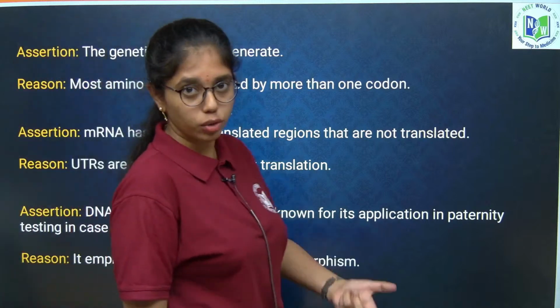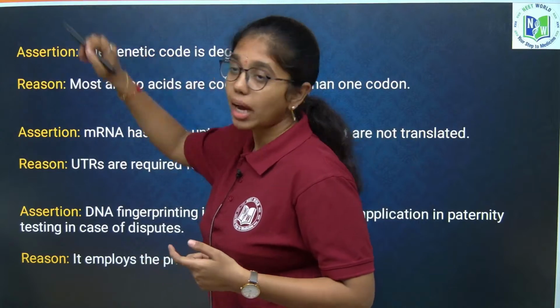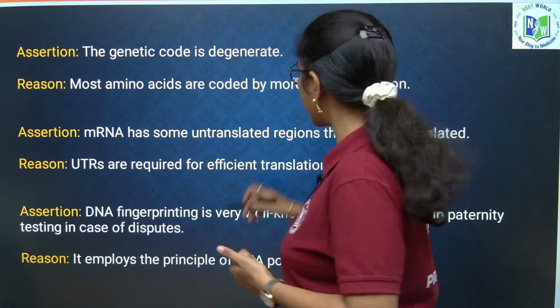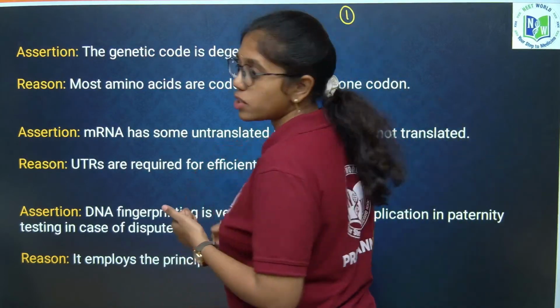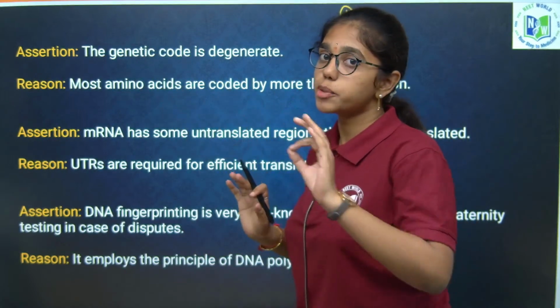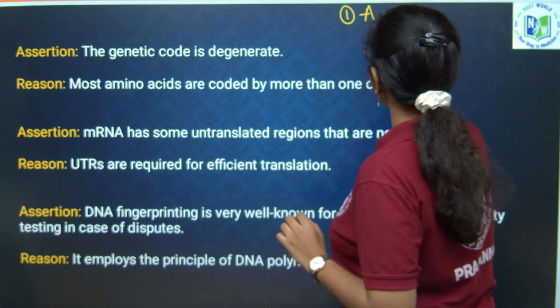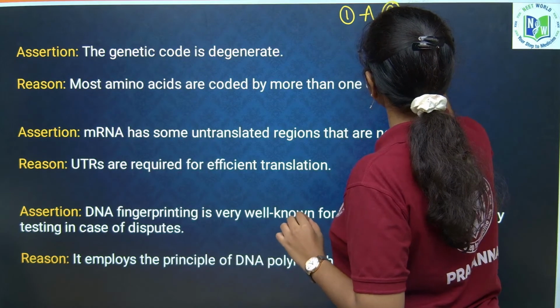Before getting into the question, let us once remind the options you have to choose for assertion, reason. Option 1 is where assertion and reason are true and reason is explaining assertion.